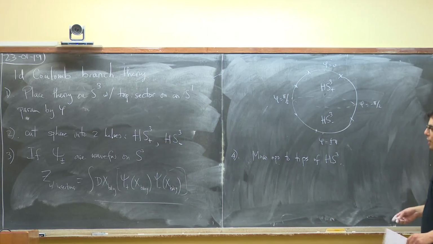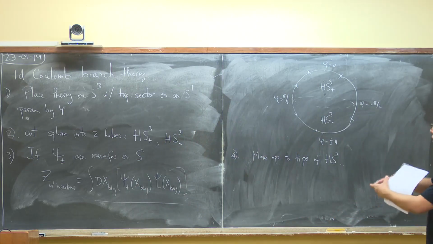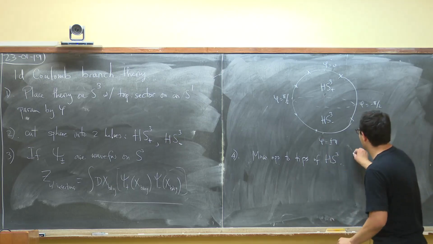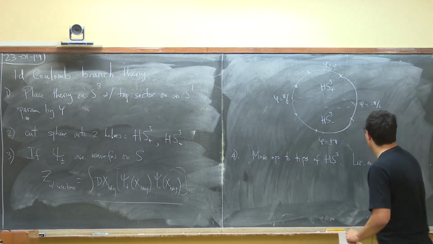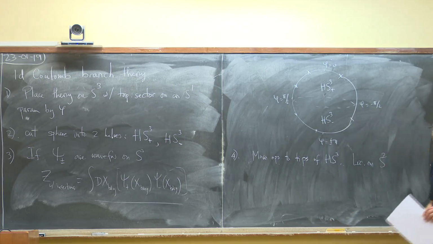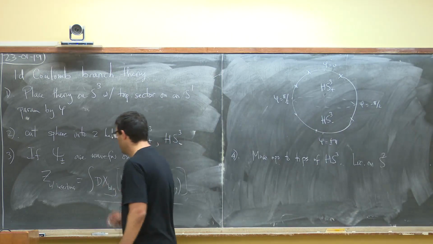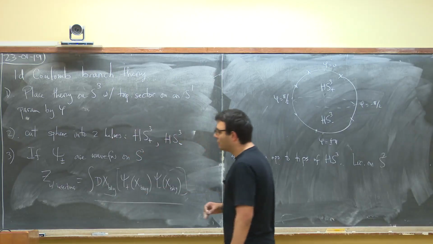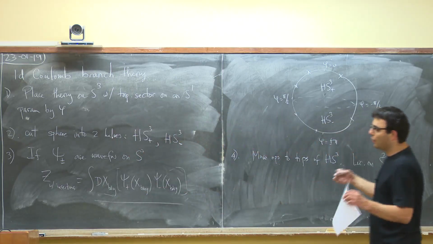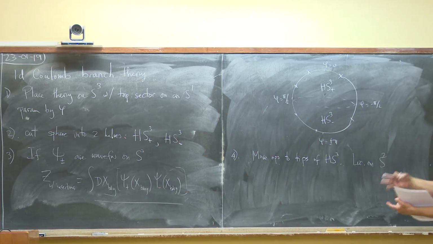And what we can do is do localization on the boundary, so do localization on S2. Instead of integrating over all boundary values of the fields, we would get the same answer if we integrated only over a more limited set of boundary values that are obtained after supersymmetric localization on the boundary.